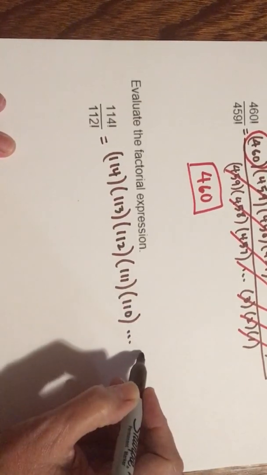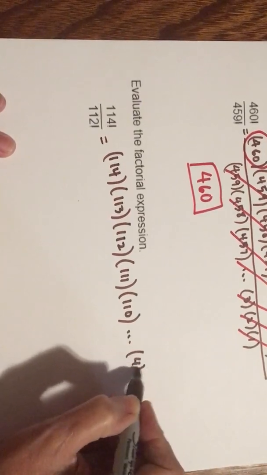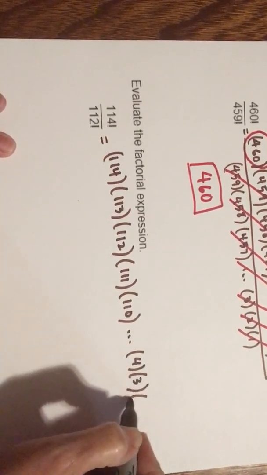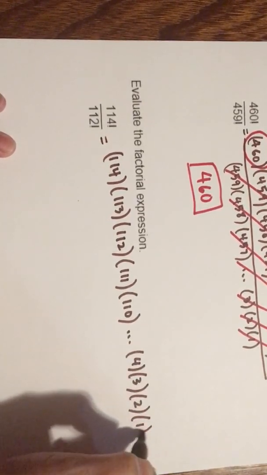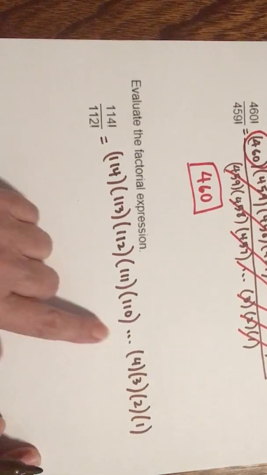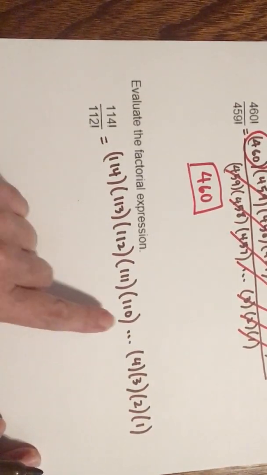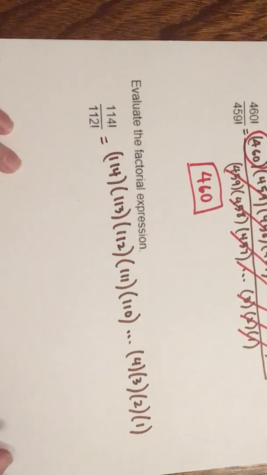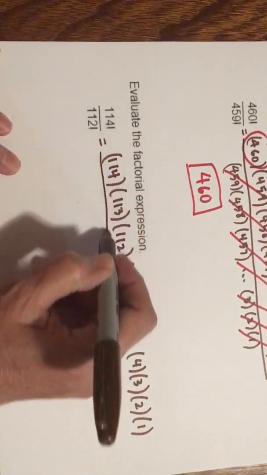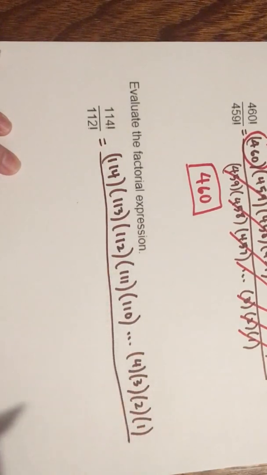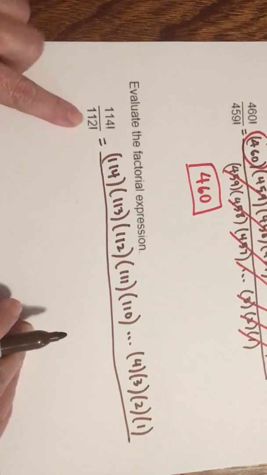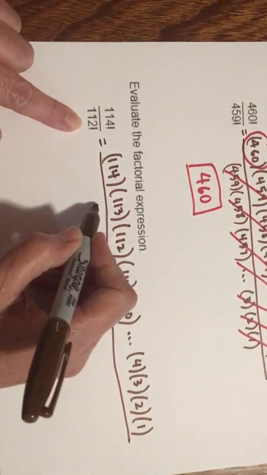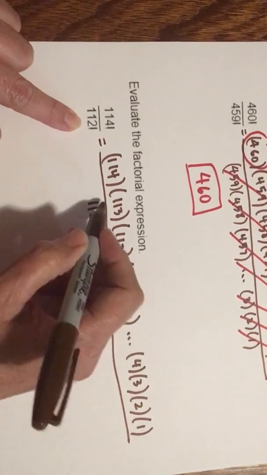I'll go dot, dot, dot, times 4, times 3, times 2, times 1. So the dot, dot, dot represents the numbers in between 110 and 4. And I should say it represents the integers in between 110 and 4.